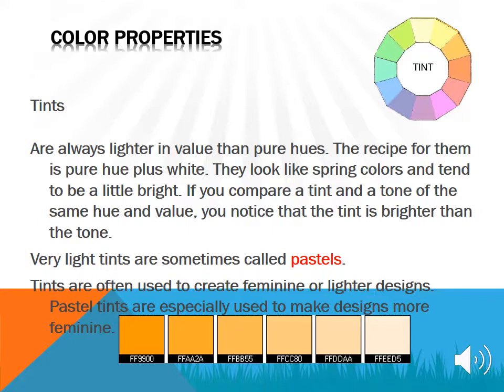Very light tints are sometimes called pastels. Tints are often used to create feminine or lighter designs. Pastel tints are especially used to make designs more feminine. And you can see in the scale the different amount of white added to the original orange color.